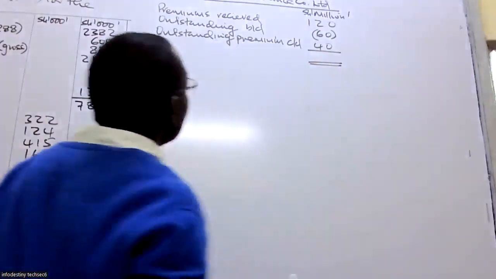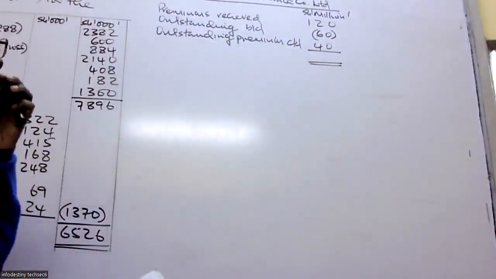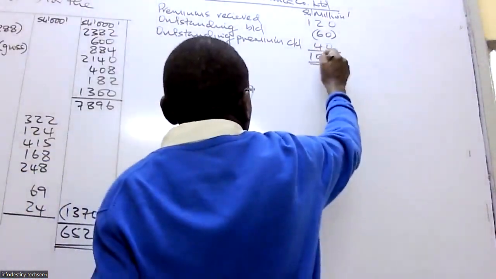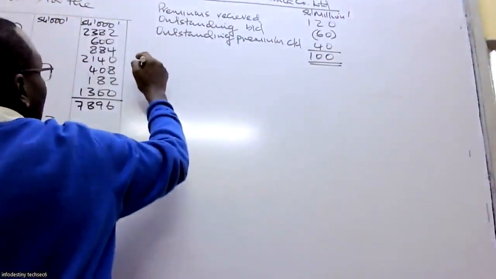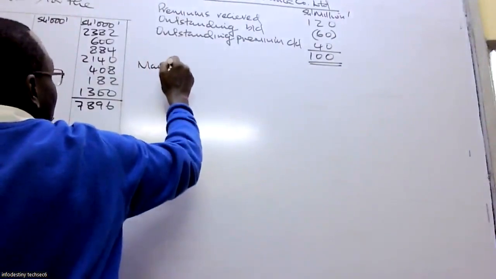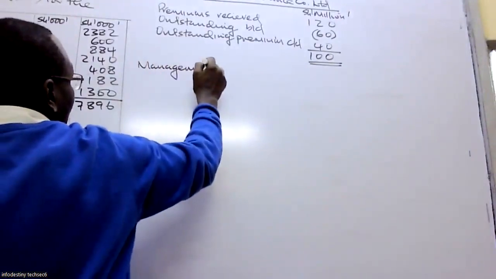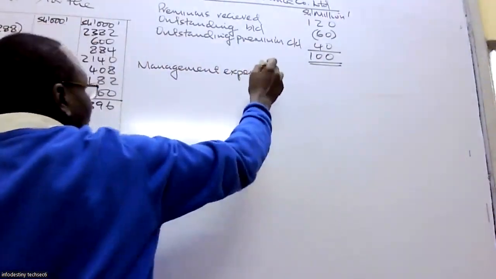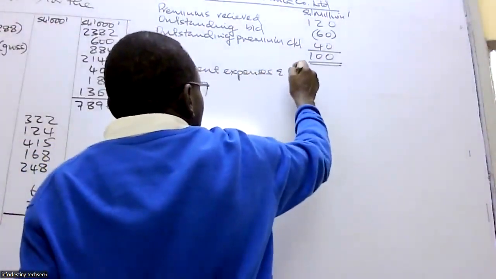So premium received or receivable is 100. Then use that to calculate management expenses and commissions.